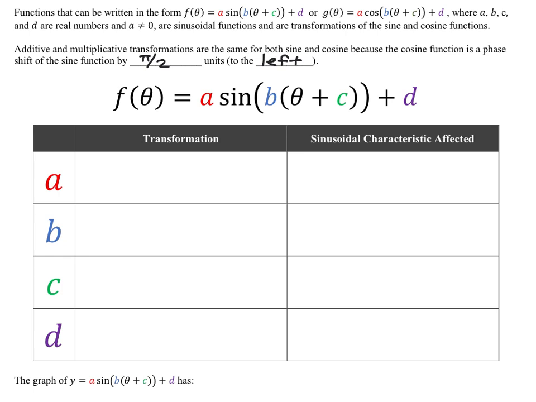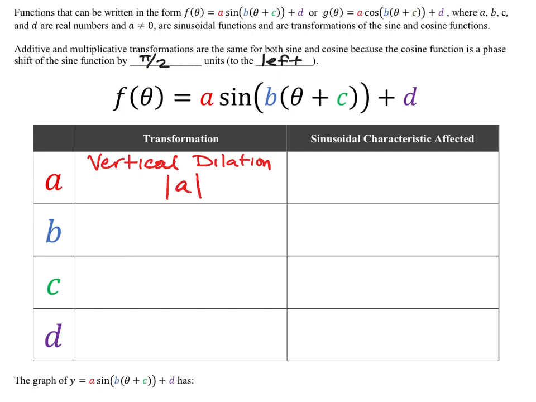If I change the a value, the number in front of the entire function, like always, that creates a vertical dilation. That's the same it's been since forever. And the vertical dilation is going to be absolute value of a. The reason I say absolute value is because if a is negative, that means it's a reflection. It would flip over. We get that.